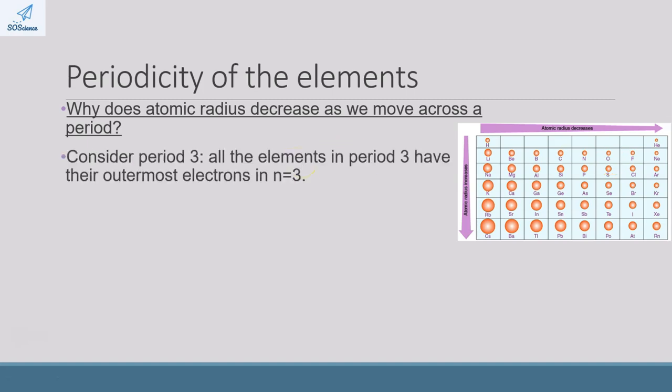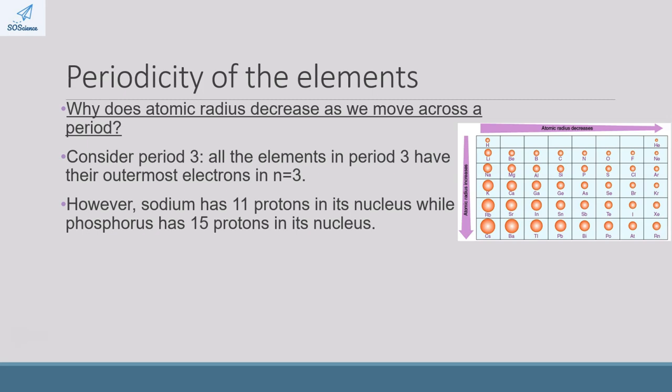So let's consider period 3. All the elements in period 3 have their outermost electrons in the third energy level. So we can't explain the size based on the energy level in which the valence electrons live. However, sodium has 11 protons in its nucleus. And if we move across, phosphorus has more protons.